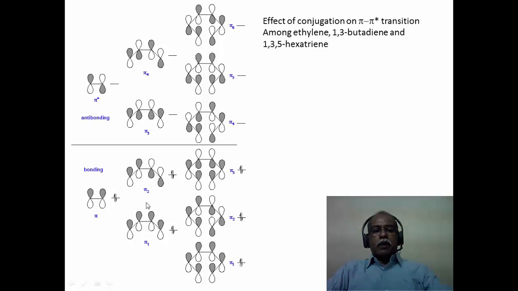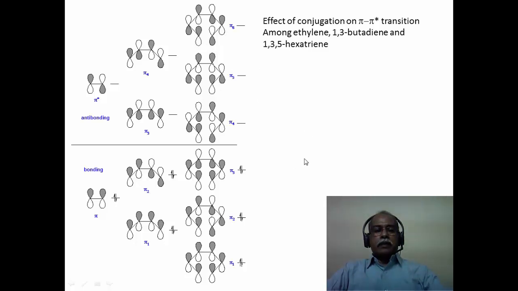These are the bonding, filled molecular orbitals, and these are the pi star molecular orbitals which are unfilled. Similarly, hexatriene has 6 pi electrons, so 3 molecular orbitals occupying 2 each correspond to 6 bonding electrons, and then you have the 3 antibonding levels also which are unoccupied or empty molecular orbitals.